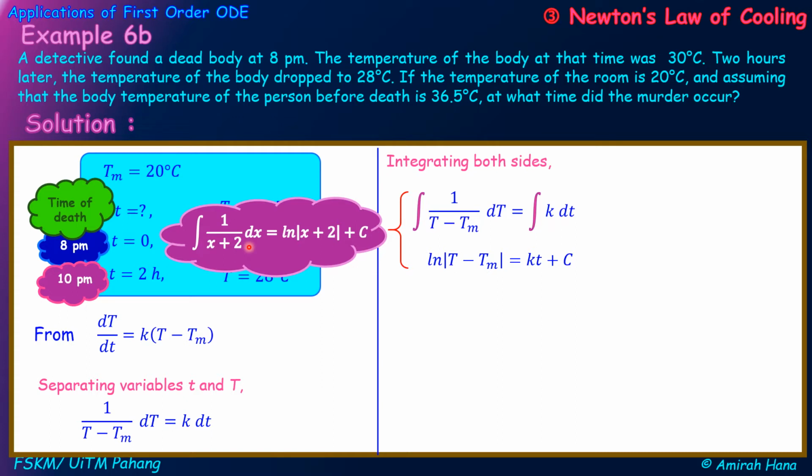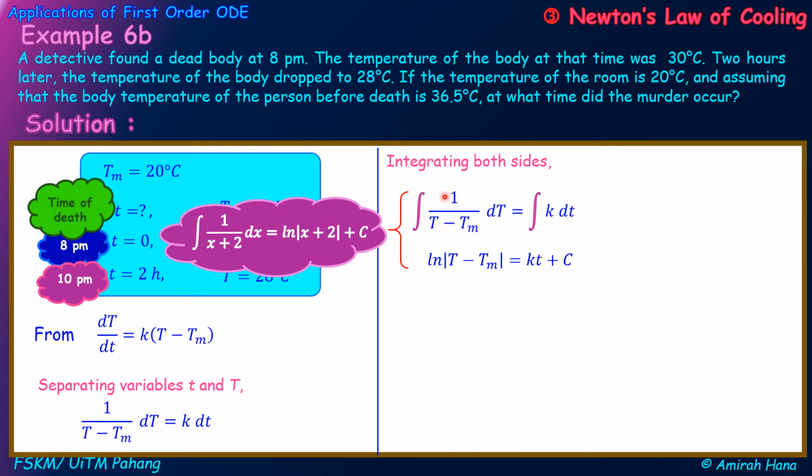After we use u substitution, the answer equals ln modulus x plus 2 plus c. If we use u substitution, we choose u equals the denominator x plus 2. Or we can use the concept that if the numerator equals the derivative of the denominator, after we integrate, the answer equals ln modulus denominator, and then plus c.